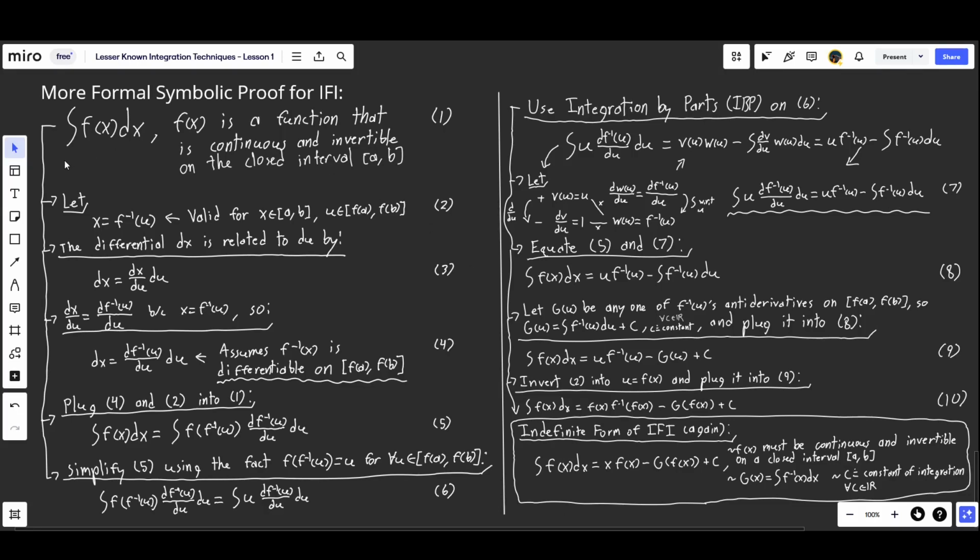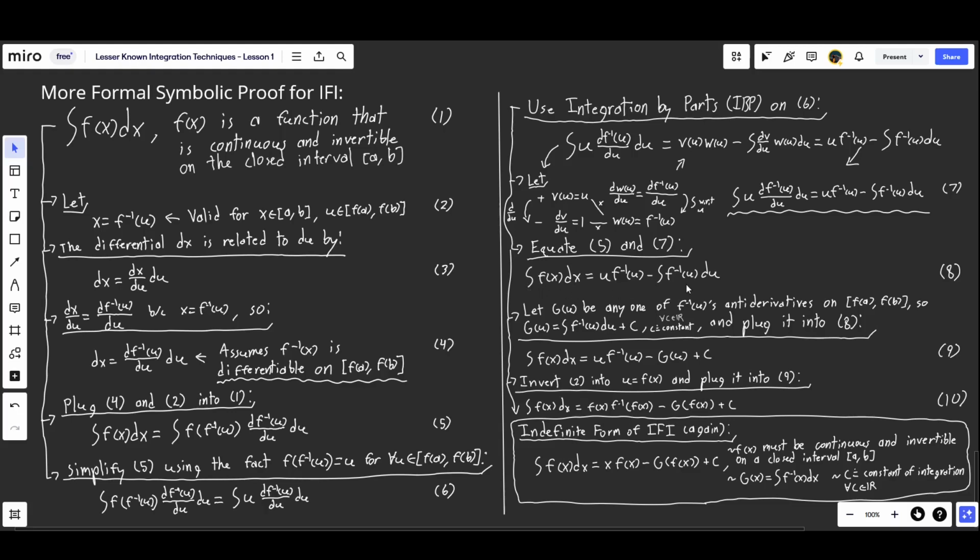By equating the indefinite integral of f of x with respect to x and the indefinite integral of u times the derivative of the inverse of f of u with respect to u, we'll obtain this equation right here.